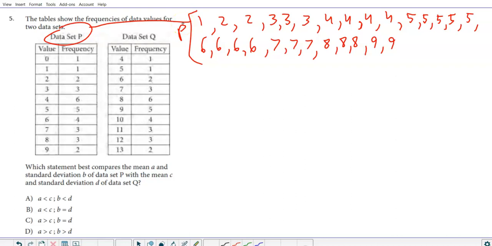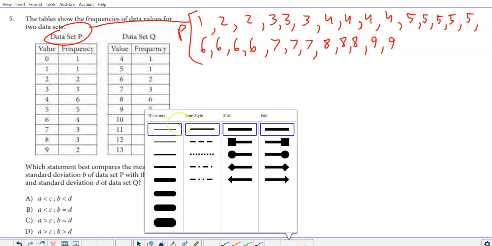And so it says we want to compare the mean and standard deviation. You could add up all these numbers and divide by the number of terms. I'm not sure how many terms there are. You just have to add them up, 1, 2, 3, and find the mean. You could, if you wanted to, find the median.